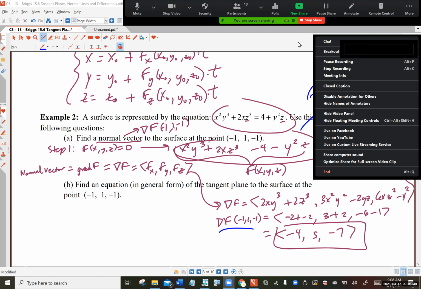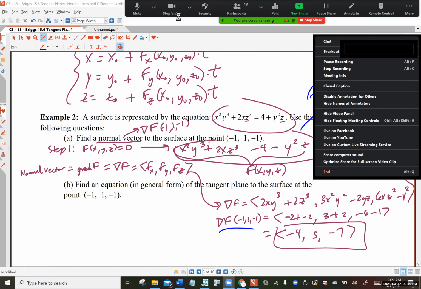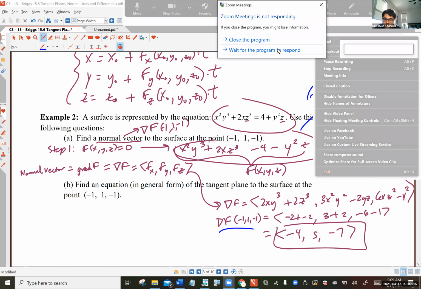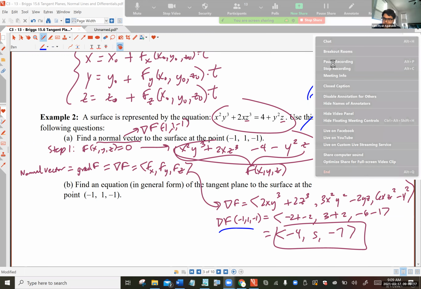So don't be alarmed if I just close it out altogether, because I can't even get my Zoom to respond right now. It's like dead. I'm surprised you guys can hear me, to be honest, because I keep getting an error message. Internet's unstable. Zoom is not responding. It's just a mess. Wow. Interesting. Can't do anything. One of the first, actually. I don't think we've ever had a problem with Zoom until right now.